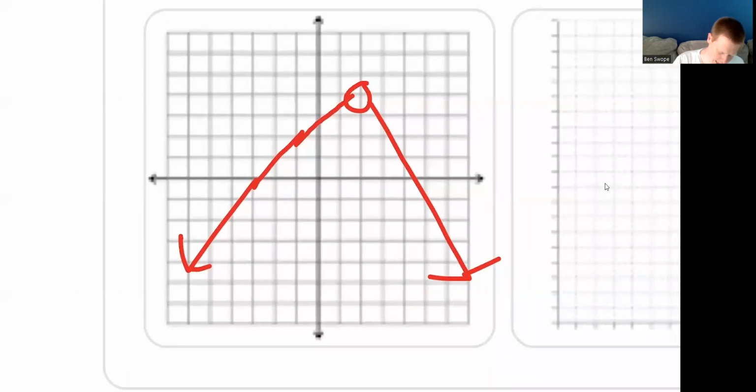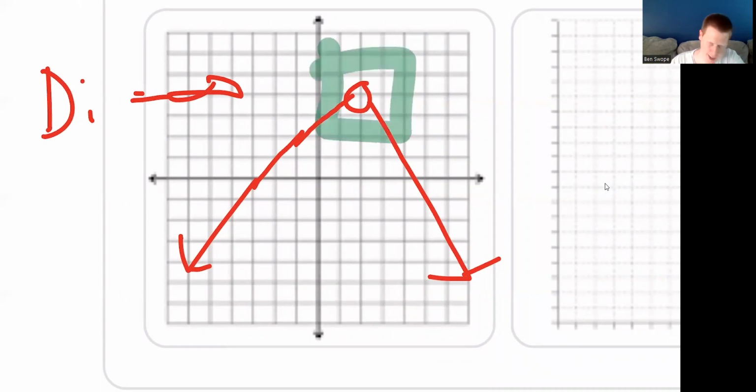So our domain, well, it goes left forever. And it goes right forever. But the difference in this question versus the ones we've been seeing is we've got a break in our graph. A break means it interrupts the flow of that graph.